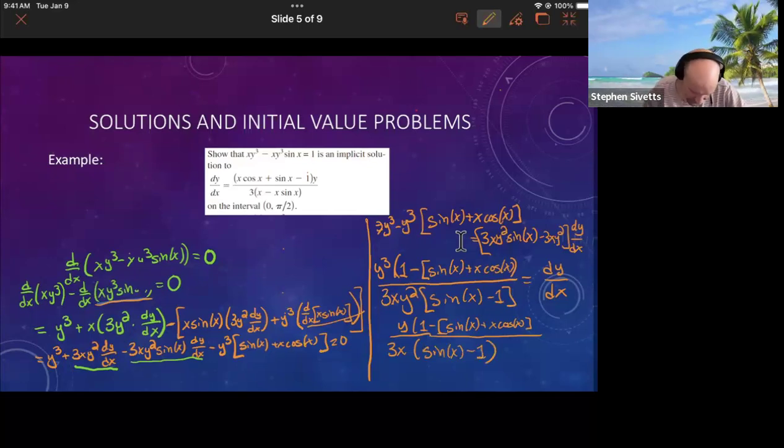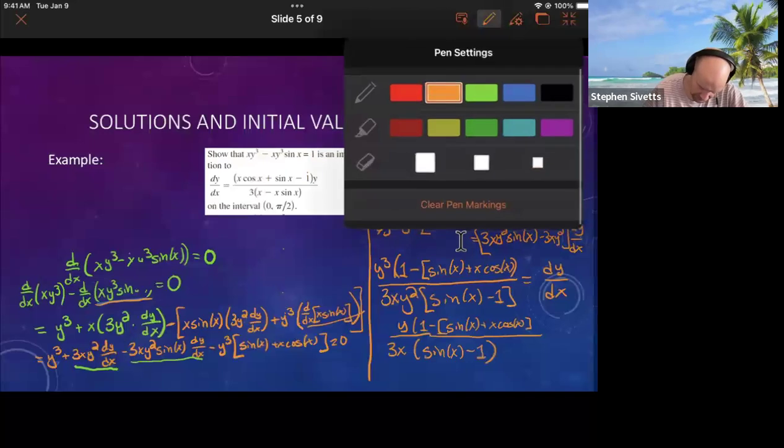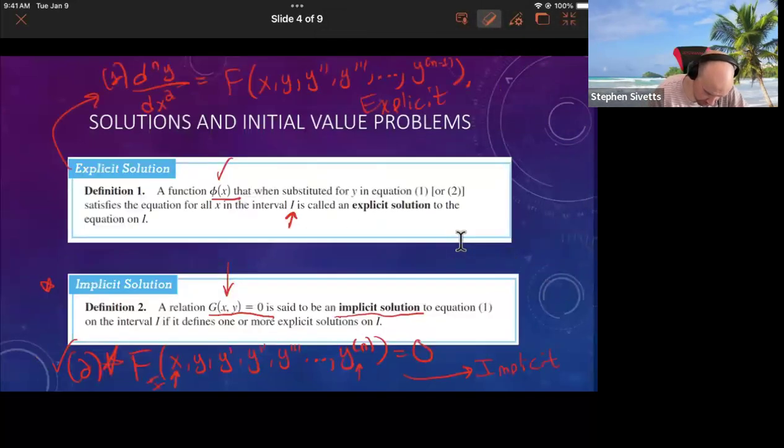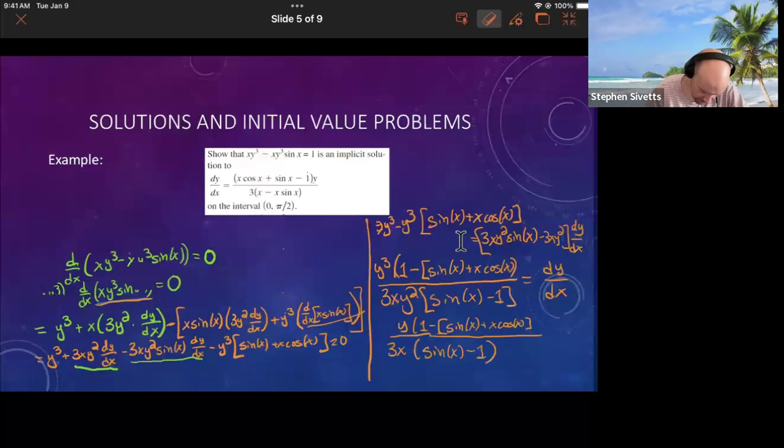And if we factor out a negative sign in the numerator, we'll get the exact solution that we want.